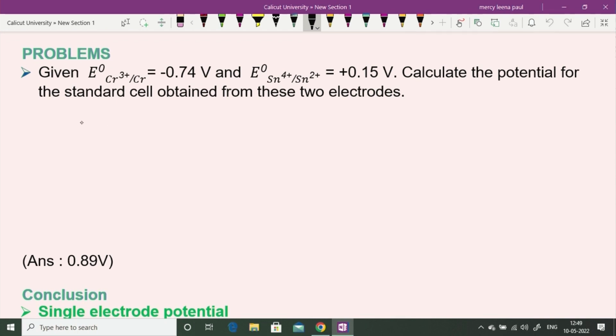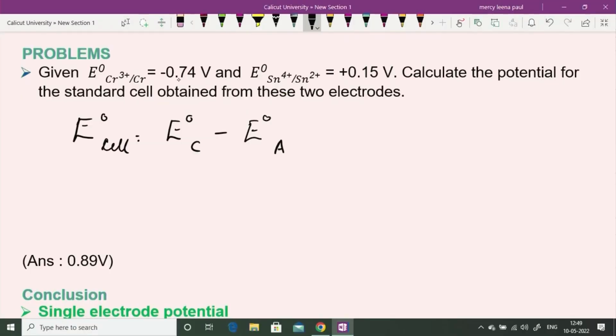So, we have got two values. We know that E naught of cell is equal to E naught of cathode minus E naught of anode. So, here we have to identify which will be the cathode and which will be the anode. Cathode is which is undergoing reduction.